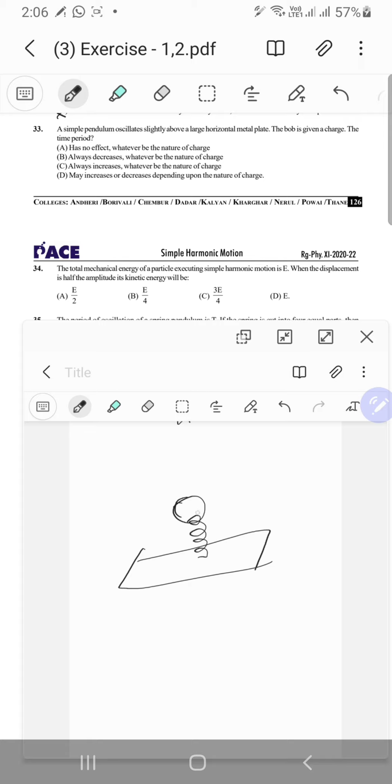So now suppose you gave it charge q, the time period. So it's a metal plate, right? It's a large horizontal metal plate. Okay, cool. So it will have no effect because, even though it does shield the inner portion from this charge, right? Why would it even shield the thing?